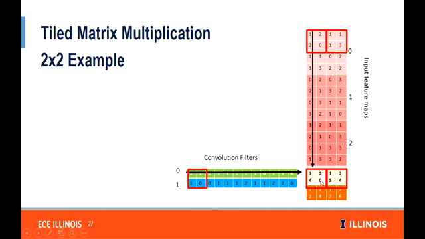Something interesting happened here. We are now reusing the input elements when we generate multiple output elements, across the output feature maps. Remember, this is one output feature map and then another output feature map, right? So by having a big enough tile, we will be able to reuse the duplicated input data when we generate multiple elements of the output, the elements of multiple feature maps, across the output feature maps.